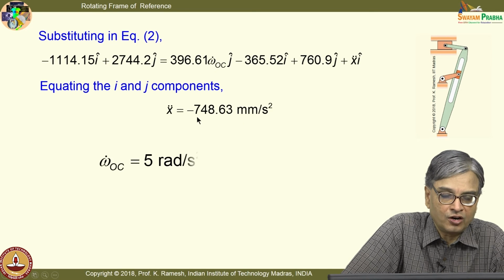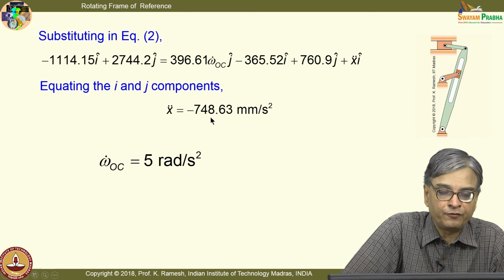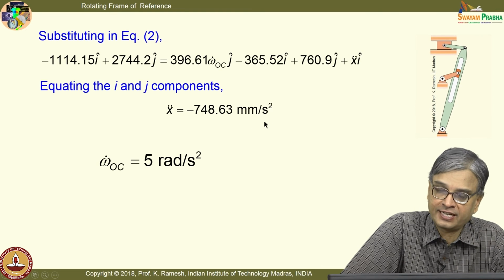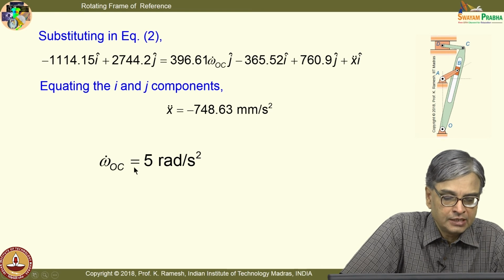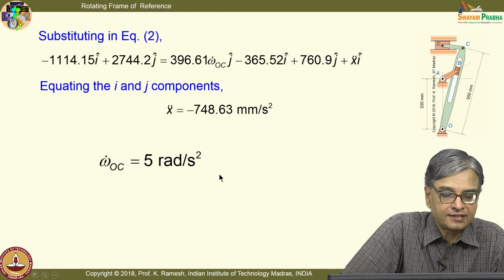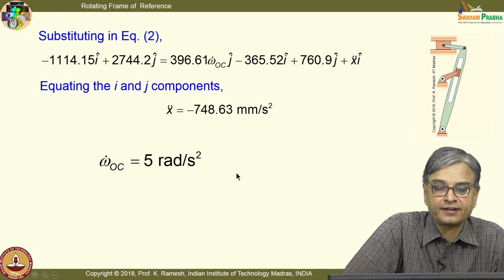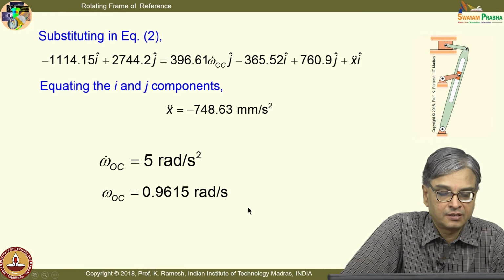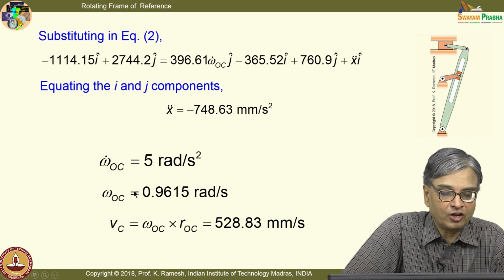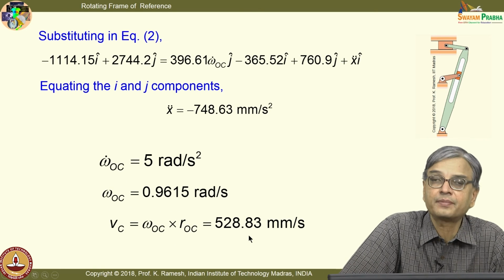I get x double dot equal to minus 748.63 millimeter per second squared, and omega dot c as the angular acceleration is 5 radians per second squared. And we have already seen that omega c is 0.9615 radians per second, and Vc is also summarized.